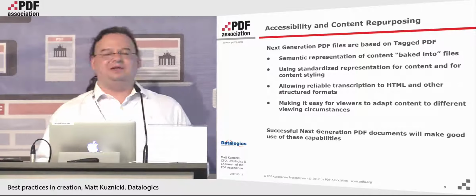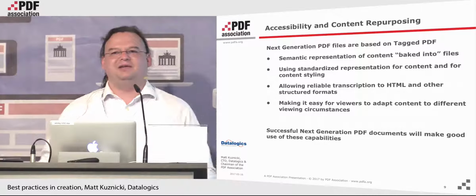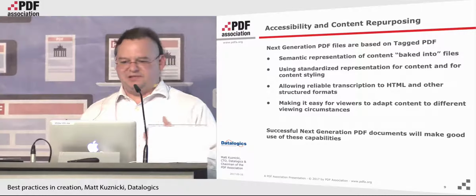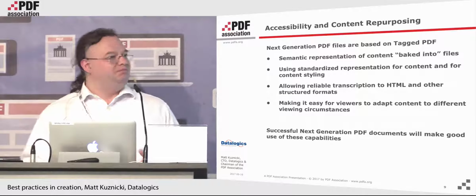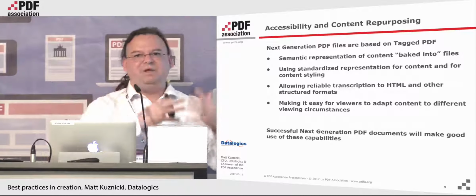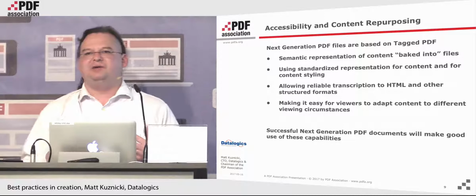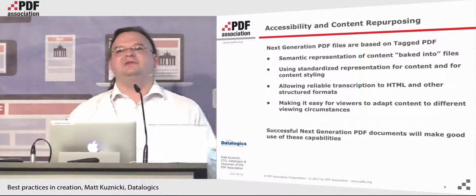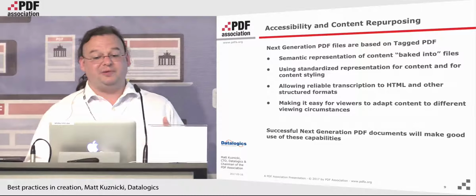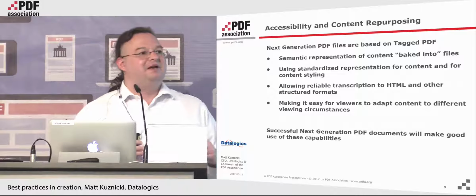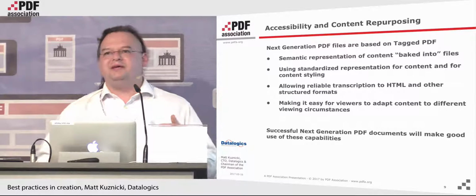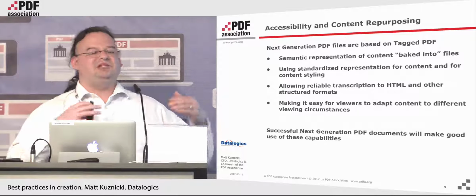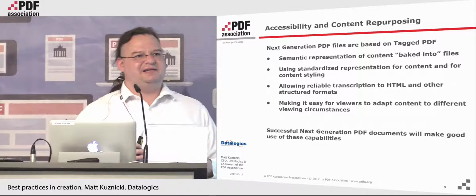So next generation, you've heard that next generation PDF is based on PDF 2.0, based on tagged PDF. This builds into next generation PDFs the semantic representation of document information. I think this is a great thing. It'll also build in representation of content styling, separate from content semantics.